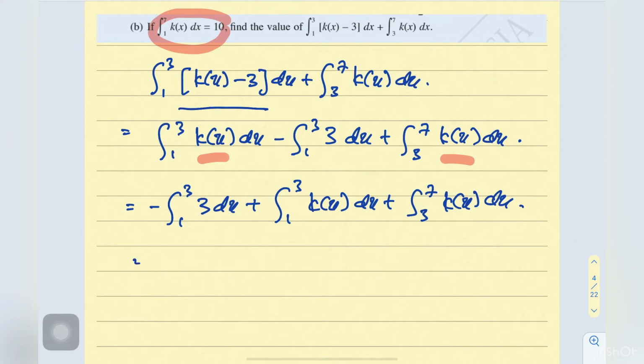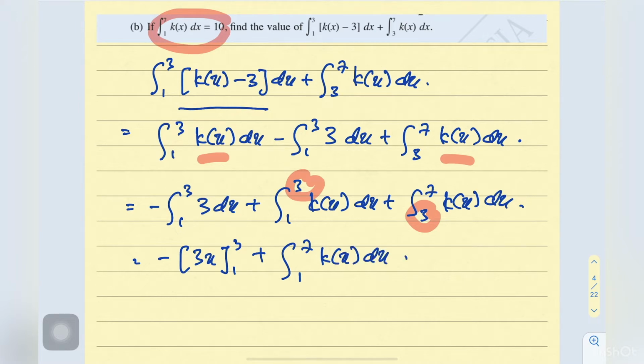Okay, so this one we integrate as usual, so negative 3x from 1 to 3. Okay, plus this one, actually the limits are continuous, so we can combine. Okay, so it becomes integral from 1 to 7 of kx dx.